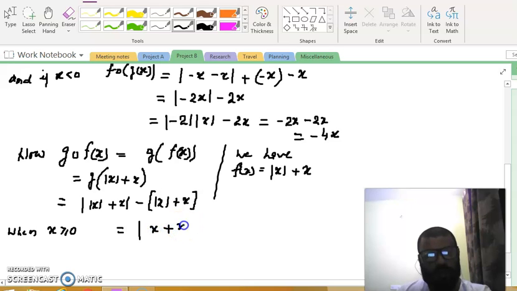This is already positive, and here this is positive x and positive x, that gives you positive 2x, and this 2x minus 2x equal to 0. Hope this step is clear.